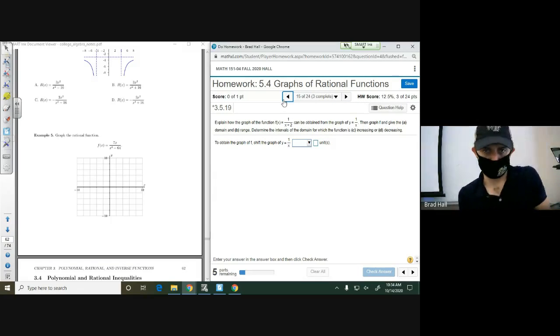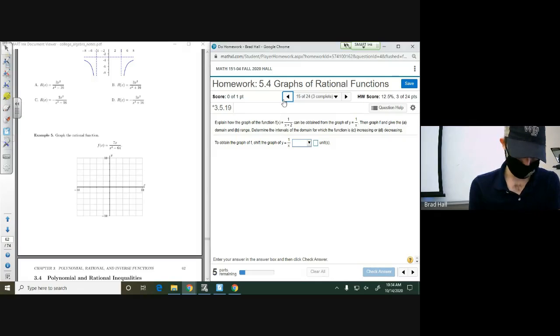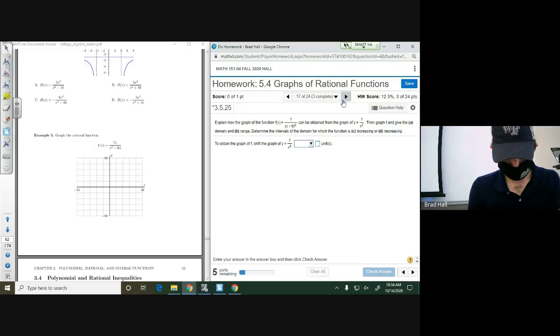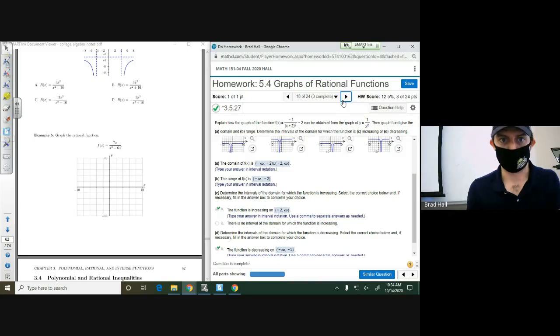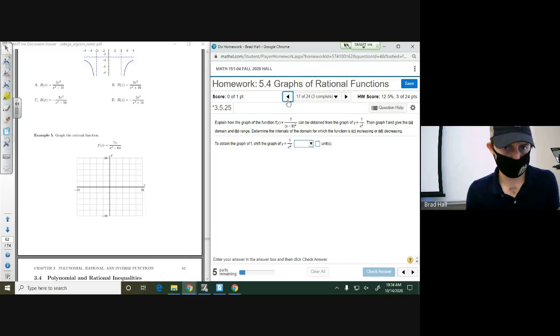I know I did one of these in the workbook session, so I'll do the other one. I did number 18 in the workbook session, if you were here for that, or if you need a refresher on how to do 18, I did that one there.